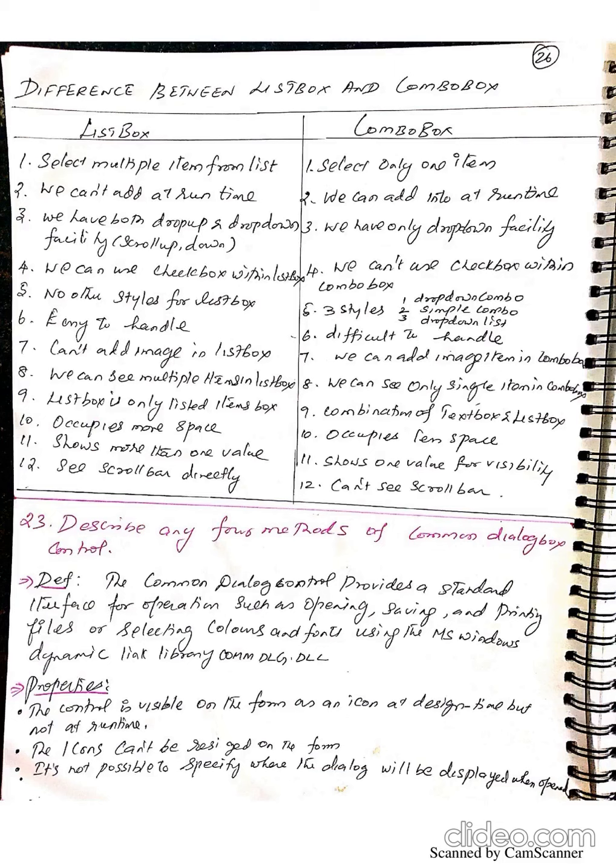Question number 23. Describe any 4 methods for the common dialog box control. The common dialog box control provides a standard interface for operations such as opening, saving, printing files, or selecting colors and fonts, using the Microsoft Windows dynamic link library Common Dialog DLL.